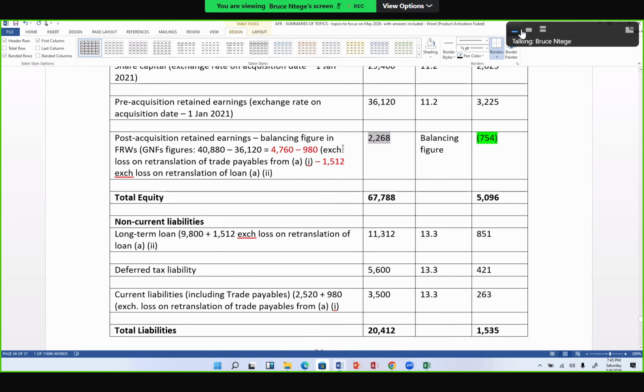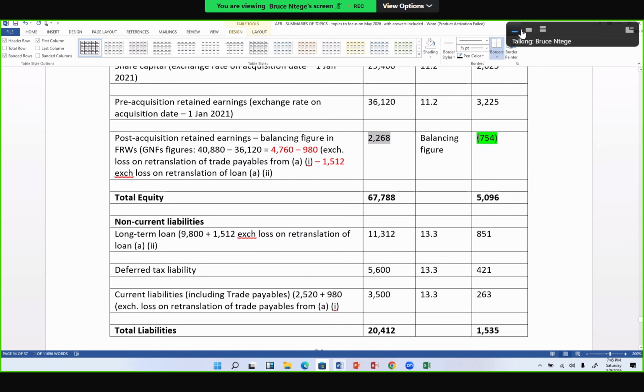Now, it should be coming from the P&L to go to the balance sheet. So if it's 2268 in Guinean francs going to the balance sheet, it's not based on the closing figure, but based on the average rate.